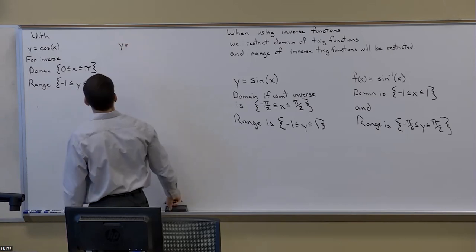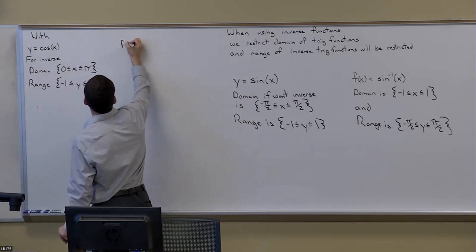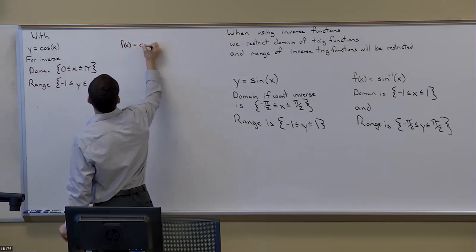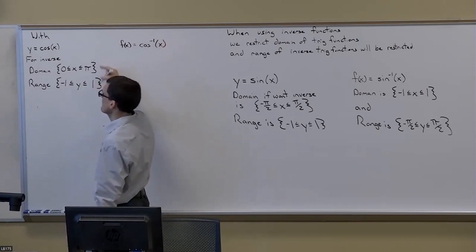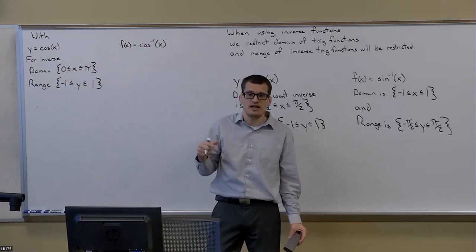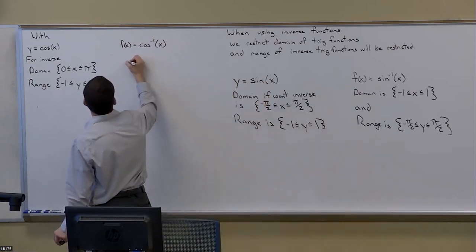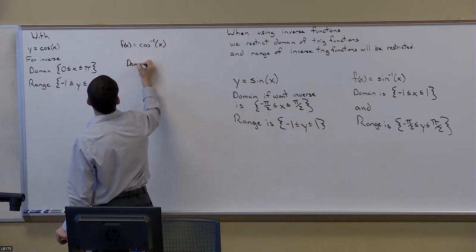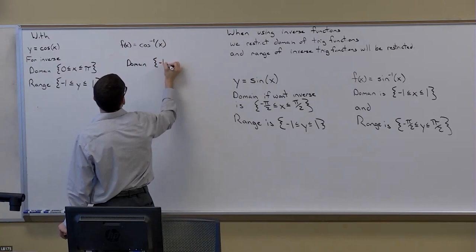If I let my cosine be restricted there, then I can find an inverse of cosine, and the inverse of cosine is going to have a domain between -1 and 1.